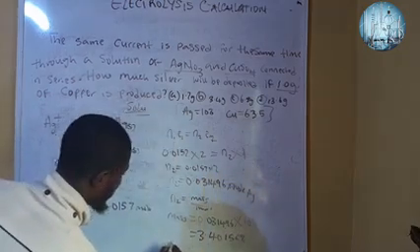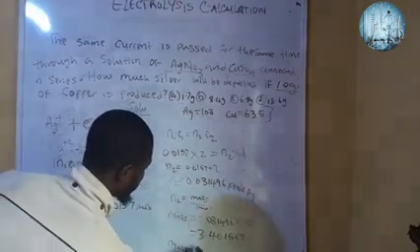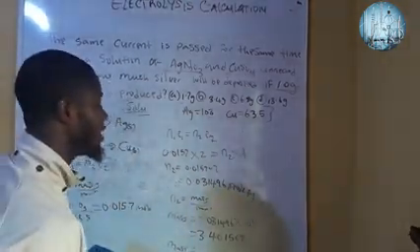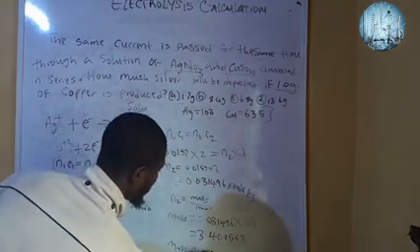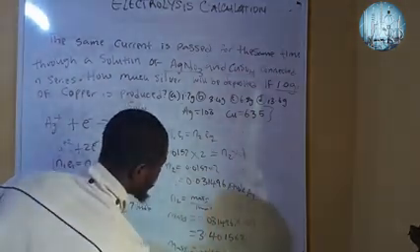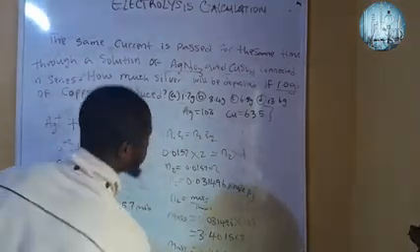Now, if you approximate properly, let's make it 2 decimal places. To make it 2 decimal places, we have 3.40 grams of silver. That was what was deposited.